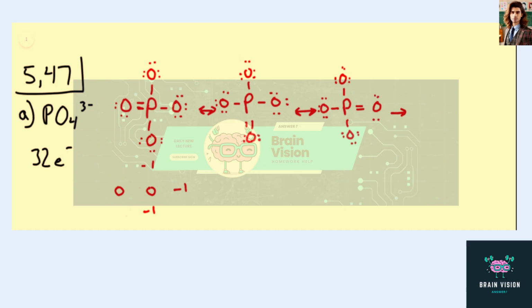And then the final resonance structure will be the oxygen on the top sharing the electrons.